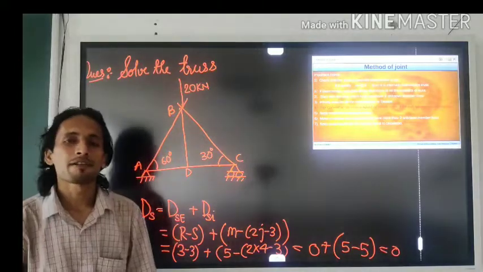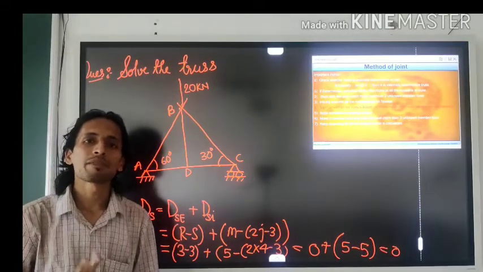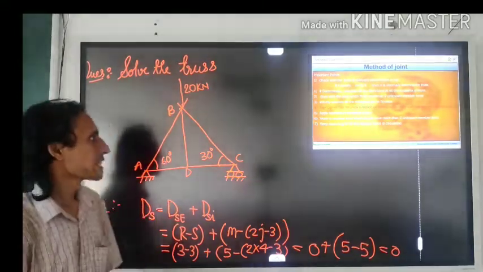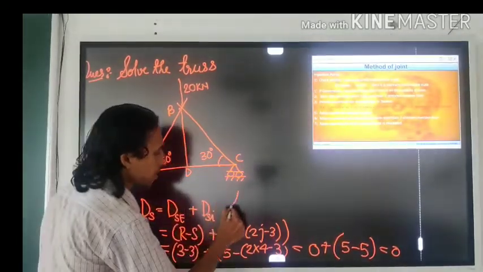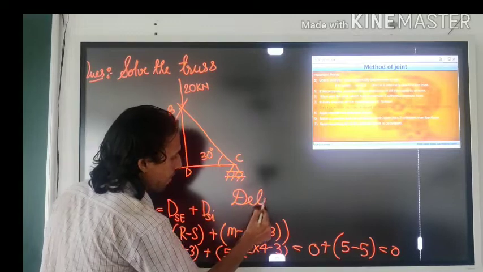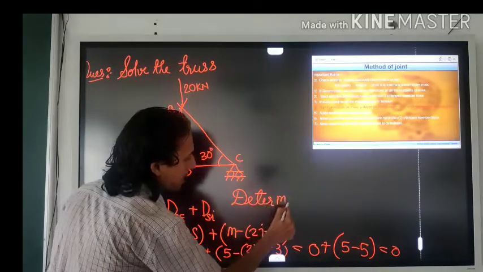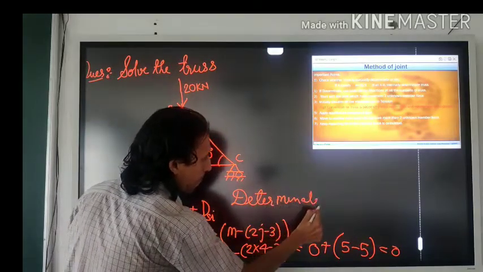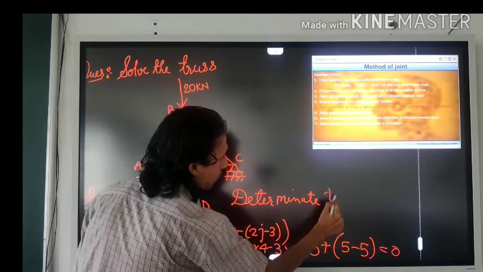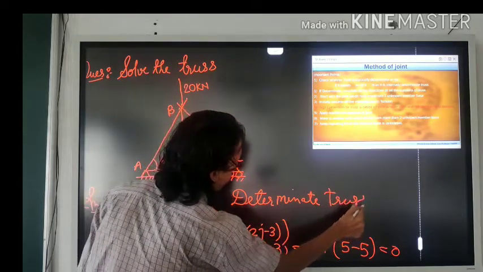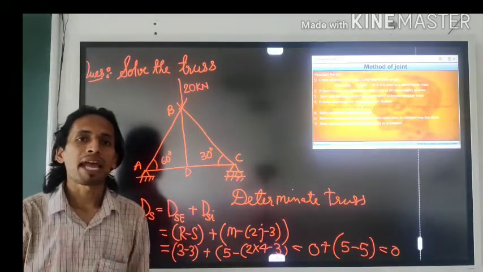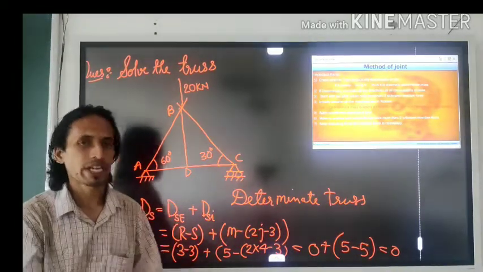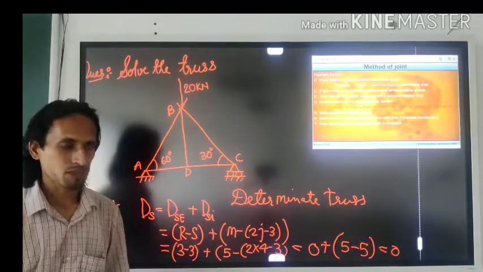Since the static indeterminacy is 0, that means it is a determinate truss. Now since it is a determinate truss, we can apply the method of joints and start solving the question.